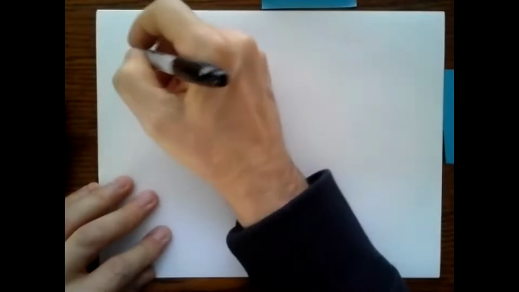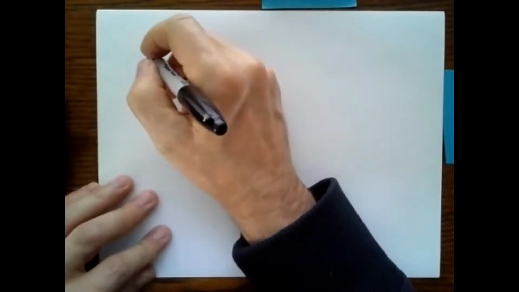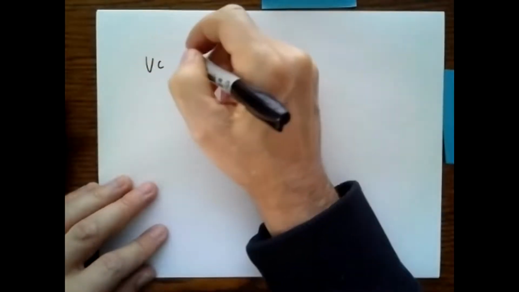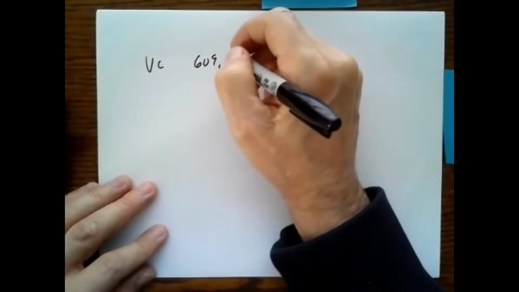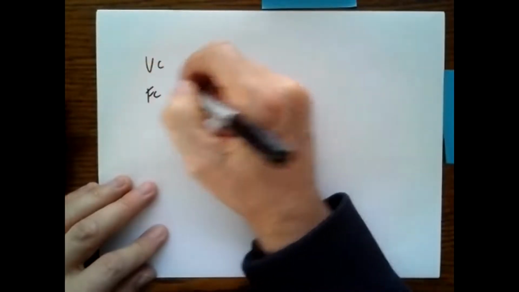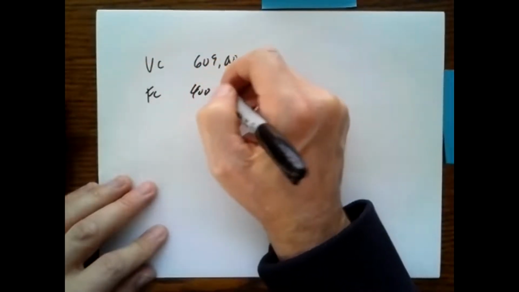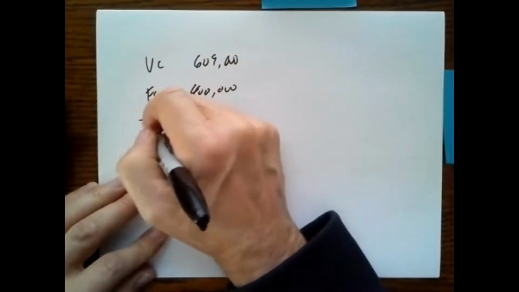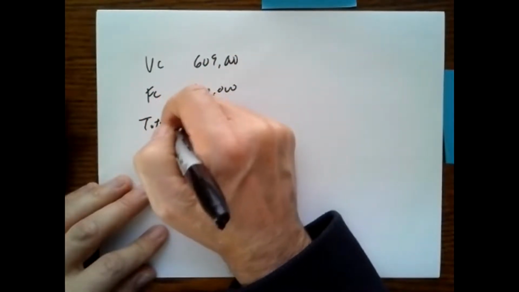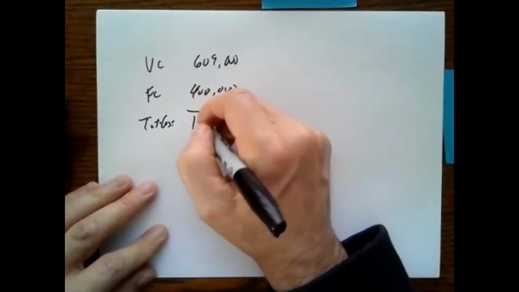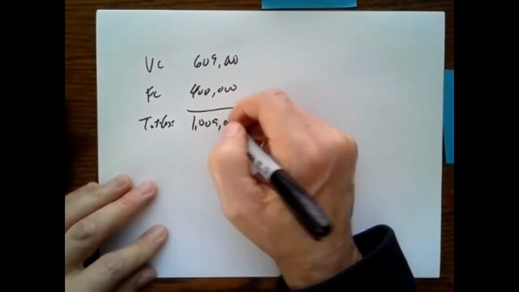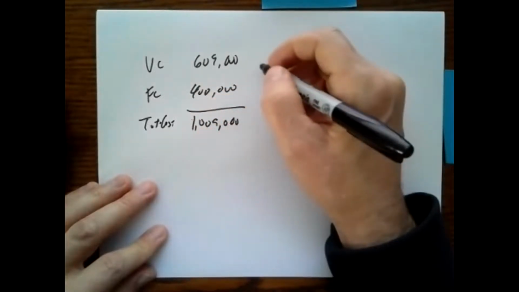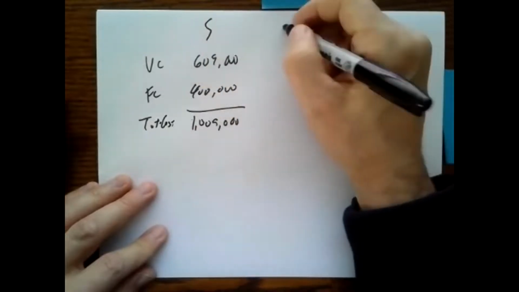So our costs, in particular, we're interested in variable cost, but we can look at the overall cost. So variable cost was 609,000, fixed costs were 400,000, and total cost was 1,009,000. This is our static.